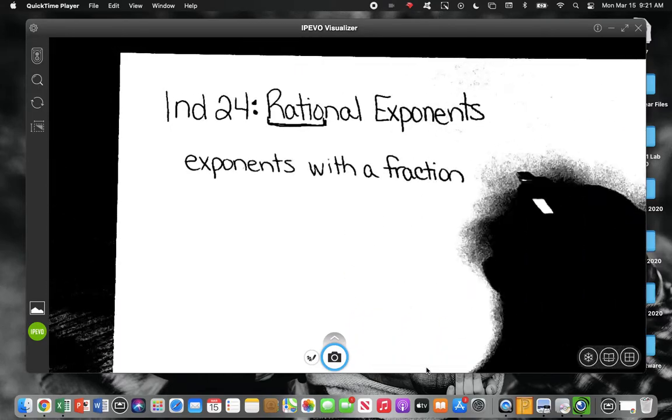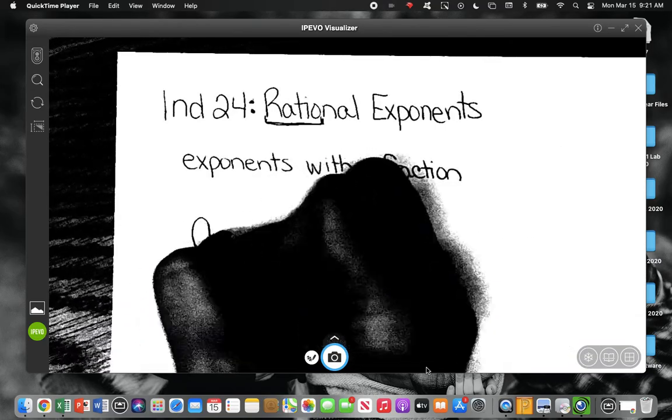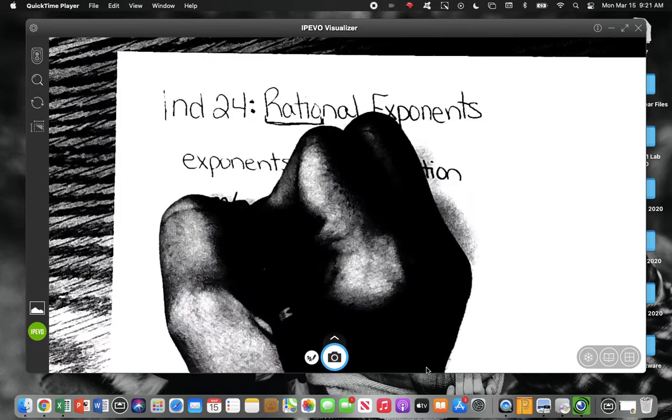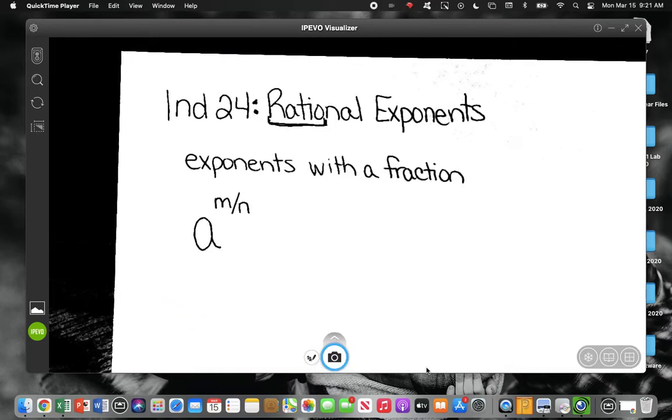All right, so you will see things today. So you'll have a base, and then your power is going to be a fraction. All right, and the numerator and the denominator in the fraction both have a meaning.